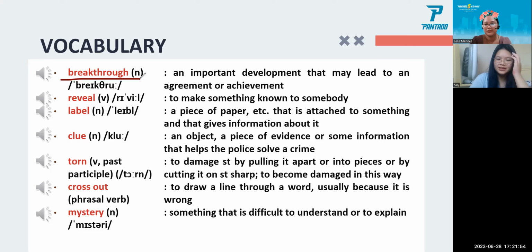Do you have any ideas? Okay, I'll give you an idea. For example, about the crime. The police got a breakthrough or have a breakthrough of the murder case.